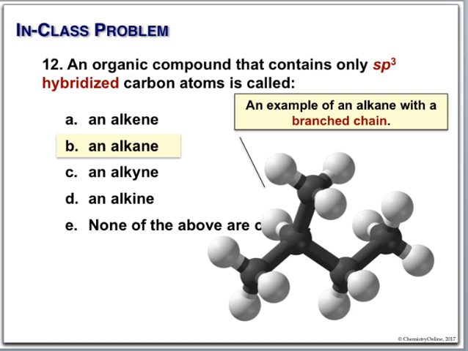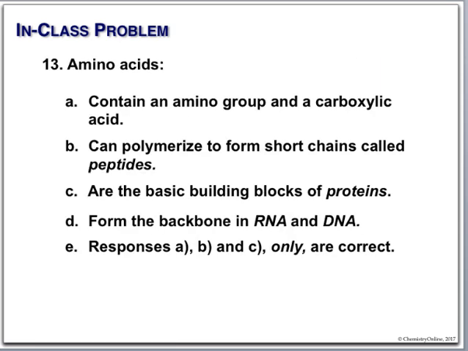All right, at the tail end of our organic chemistry lecture, we also talked about biochemistry. Remember that biochemistry really came from organic chemistry. And if you want a decent biochemistry course, it should be taught by a chemist, not a biologist. Amino acids contain what?